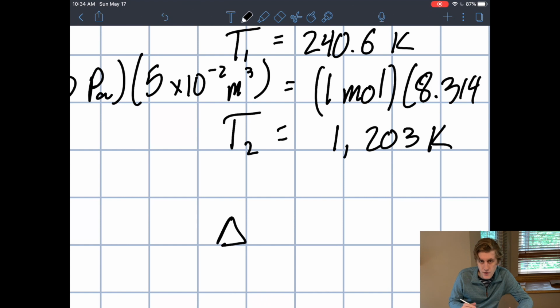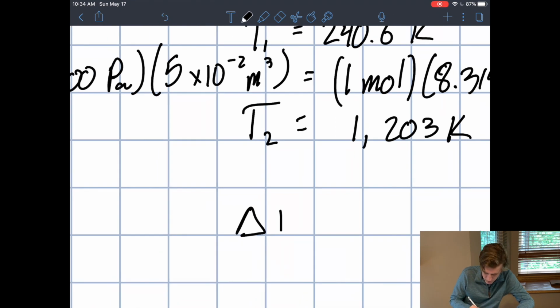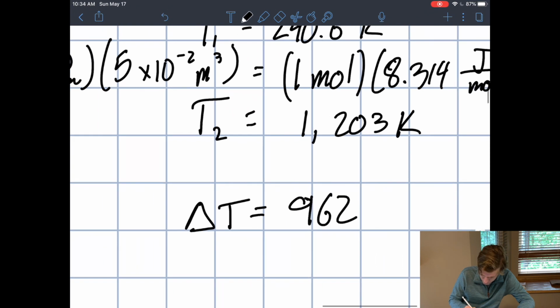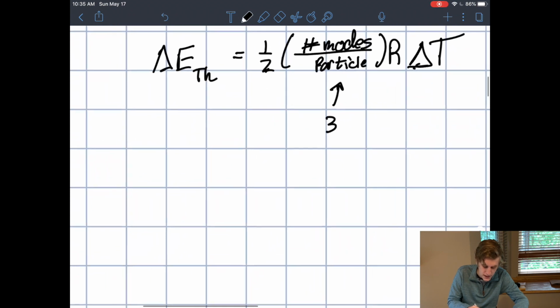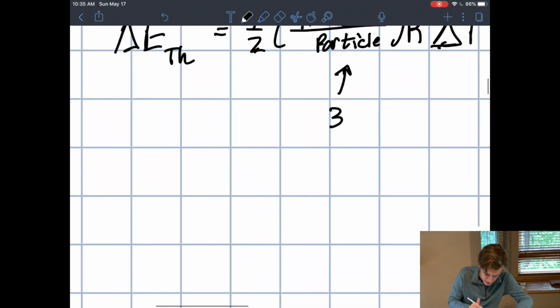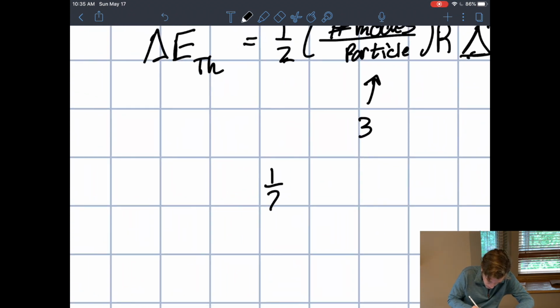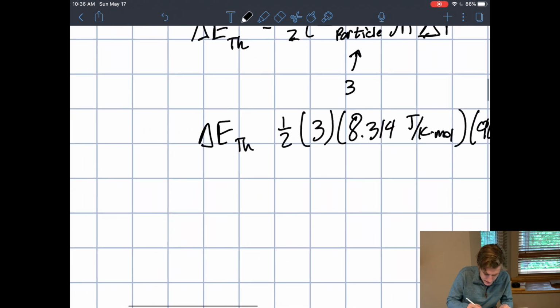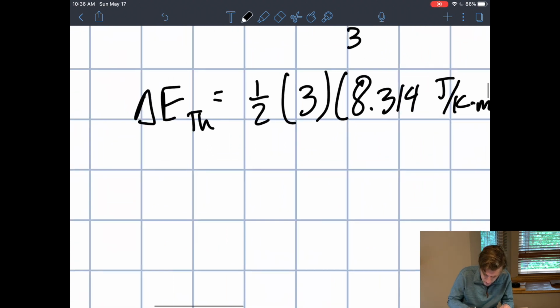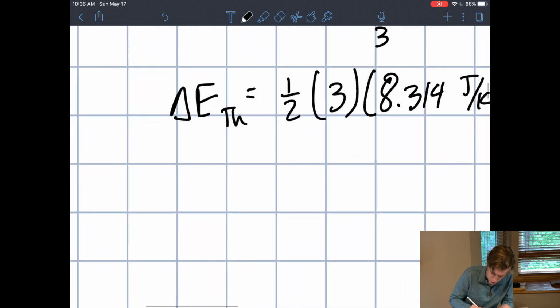It's about 962 degrees Kelvin. So now let's just plug these numbers in to find out what the change in thermal energy is. Plugging these numbers in, I get that the change in thermal energy is equal to about 12,000 joules.